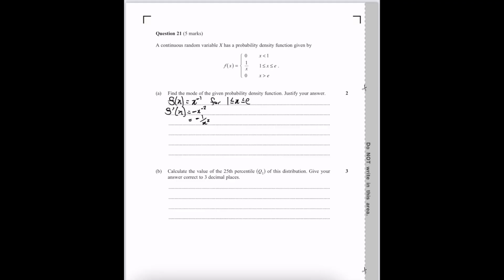1 on x squared. Now what we need to realize is that x squared is always positive, or greater than 0. Therefore, minus 1 on x squared is always negative, always less than 0.